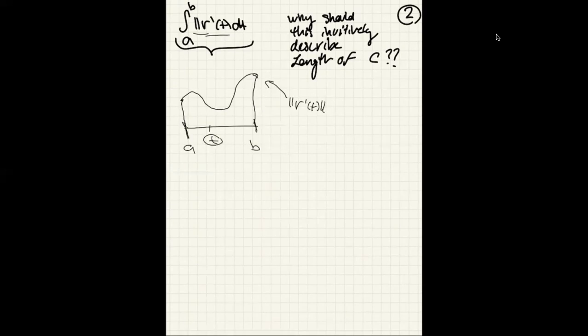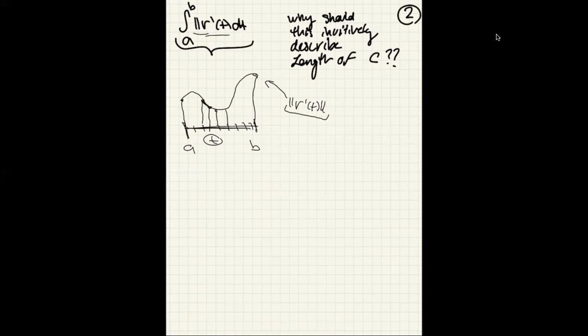How you can think of this is, if you want to chop up your domain into a bunch of small pieces, then the height of the function is telling you how fast that segment is moving. Really, the height is telling you how much to stretch that individual segment.